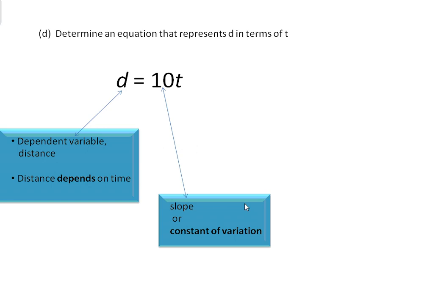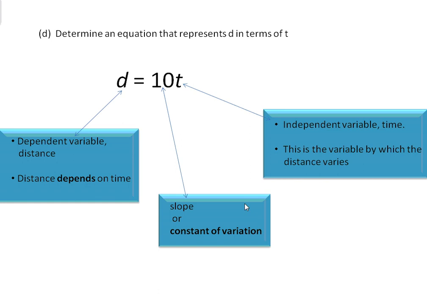It also represents what it can be called as the constant of variation. And t, of course, is the independent variable, time, and this is the variable by which the distance varies. So equations for direct variation always are in the form dependent variable is equal to the slope or constant of variation times the independent variable.